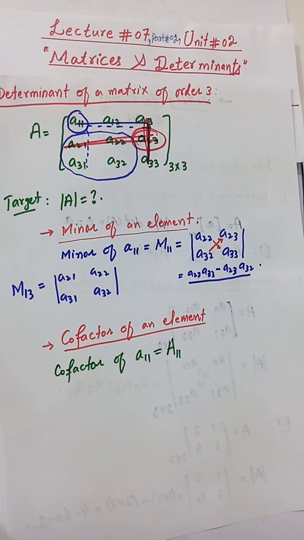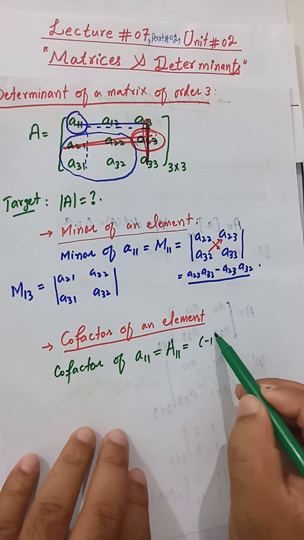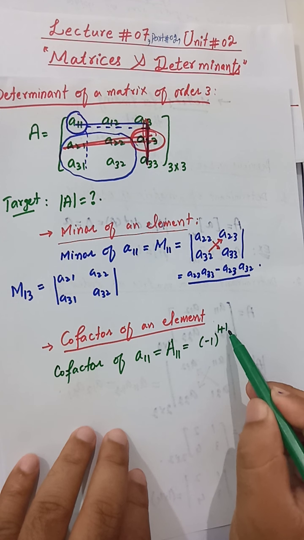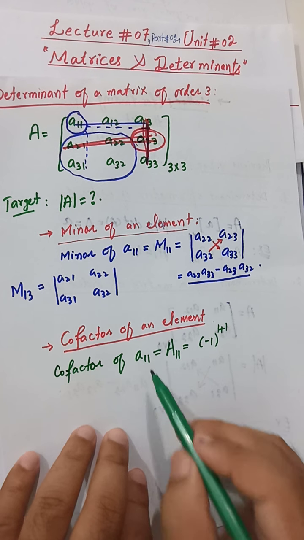This capital A11 is the representation for the cofactor of an element of a matrix which lies in first row and first column, and that will be equal to minus 1 power 1 plus 1, M11. You see that 1 plus 1 is actually the addition of the subscripts of the element.